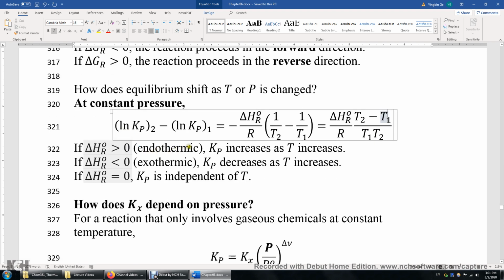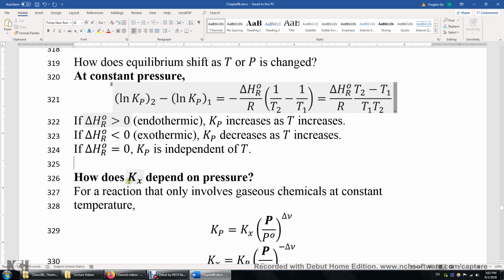So for endothermic reactions, Kp increases as temperature increases. If we have this enthalpy of reaction less than 0, then Kp decreases as temperature increases. If the reaction is neither endothermic nor exothermic, then Kp is independent of temperature. But this is very rare.